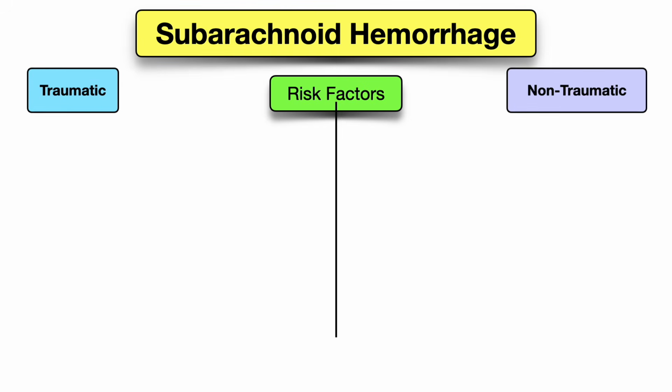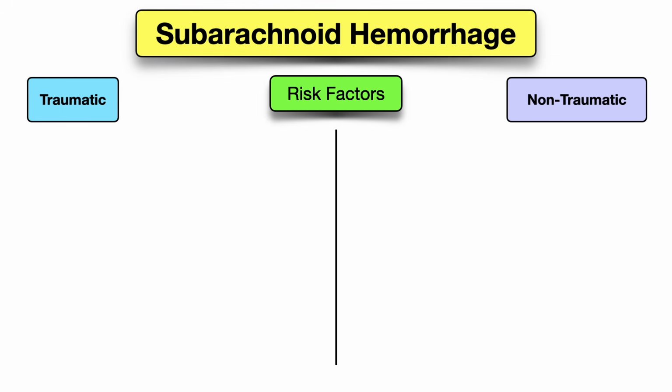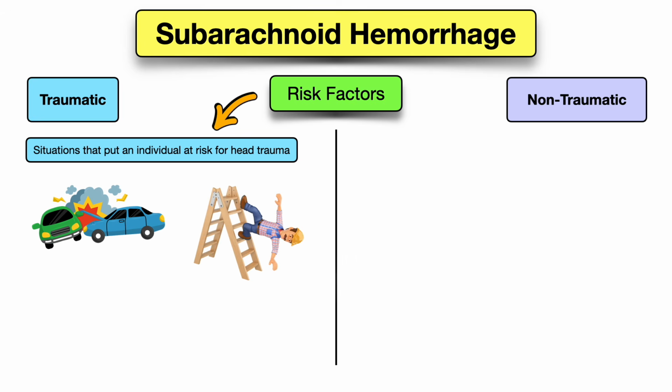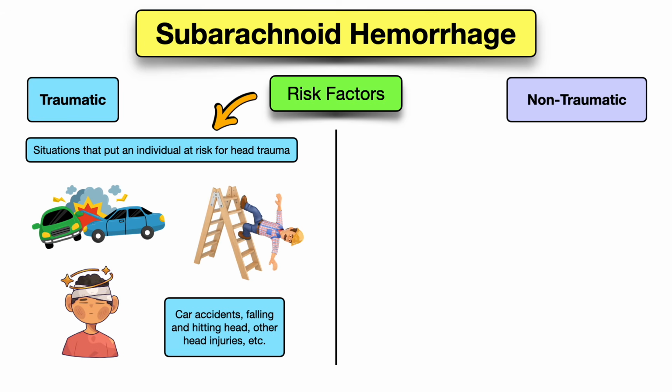So what are the risk factors of a subarachnoid hemorrhage? Well, this is easy to remember if you think about the causes. We said there are traumatic and non-traumatic causes of a subarachnoid hemorrhage. So the risk factors for a traumatic subarachnoid hemorrhage would include situations that put an individual at risk for head trauma. This may include car accidents, falling and hitting your head, or other head injuries.